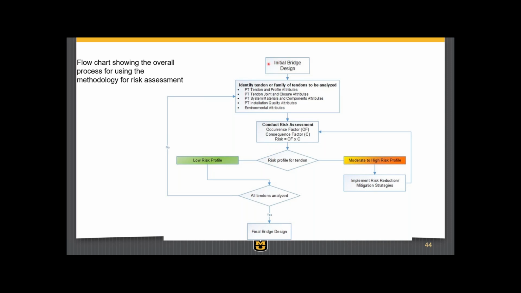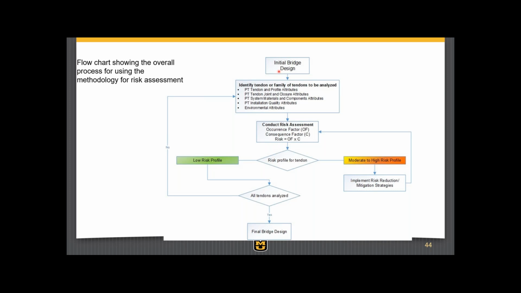We've got an initial bridge design. We want to look at a particular tendon in the bridge that's going to be built later, knowing what our corrosion protection strategies are. Are we following all the current PTI and ASBI specifications, or do we have particular ones that are different? We're following the state's specifications.